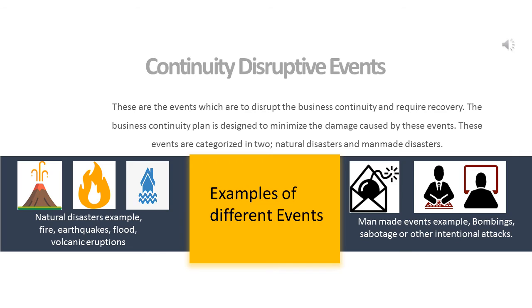So this could either be man-made or naturally caused. And then we have communications, infrastructure failures or testing related outages, including a massive failure of configuration management controls. So those were the examples of the continuity disruptive events.